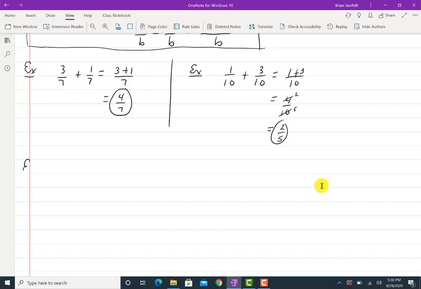Another example, 14 over 15 minus 7 over 15. That's going to equal 14 minus 7 over 15, which is a total of 7 over 15. And I can't simplify that one.